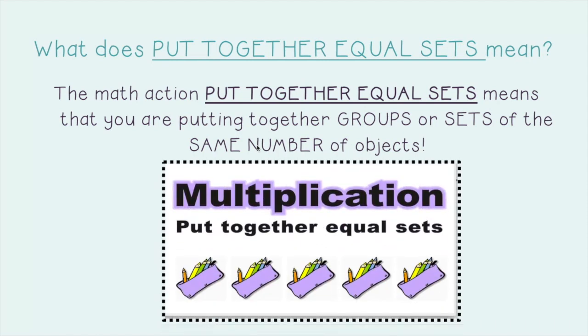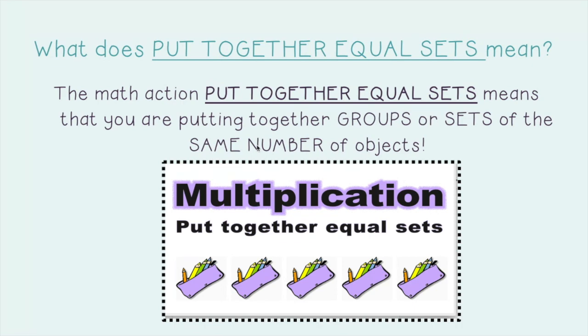So this would be the poster that would be up in our room in the front above the whiteboard. Remember I had those posters? So we would add multiplication and then put together equal sets. If you see in the picture, the groups, or the sets as they might be called, are the purple pencil pouches.